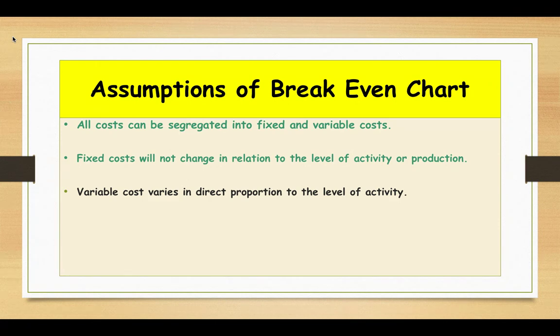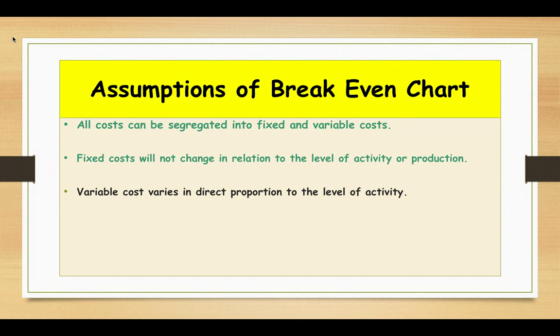The next assumption is variable cost varies in direct proportion to the level of activity. For example, if the variable cost per unit is £4 per unit, and if a company produces 100 units, the total variable cost will be £400.